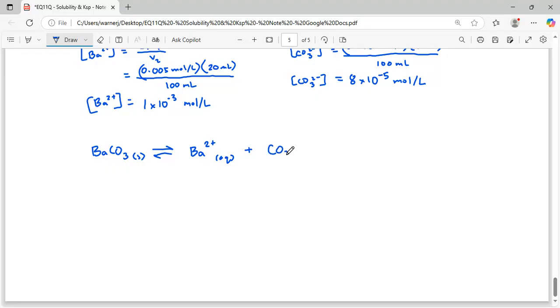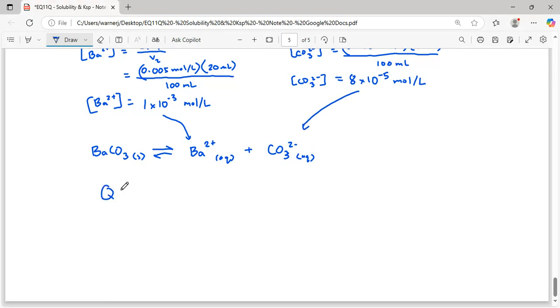So we set it up, it's a 1-to-1 ratio for the ions. As we did before, because these ions are coming from the 2 solutions that are being mixed, they're not coming from the barium carbonate itself. So we are literally just taking these values as is and plugging them in for their concentrations.